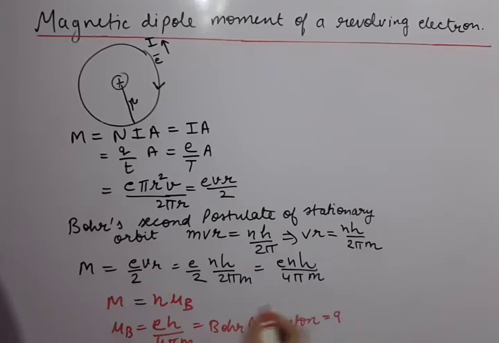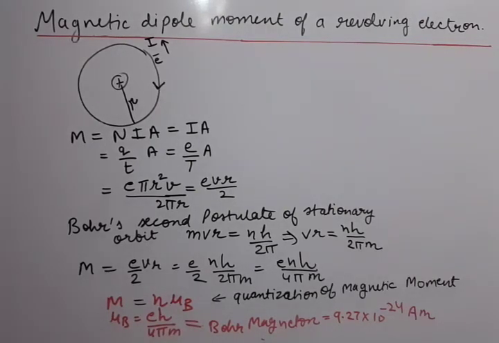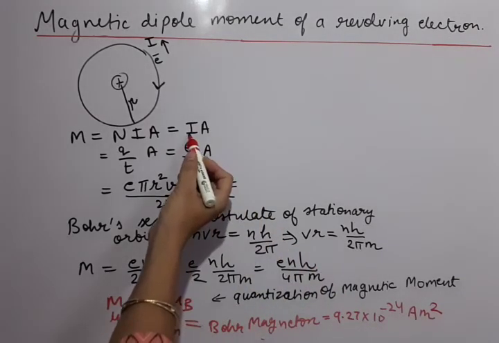Its value we can solve because it is calculated by substituting all constants. So 9.27 into 10 raised to power minus 24, ampere meter is the unit. Sorry, ampere meter square should come because the m formula is IA.